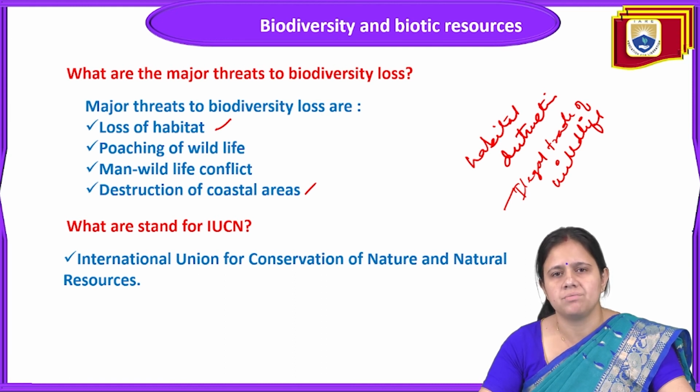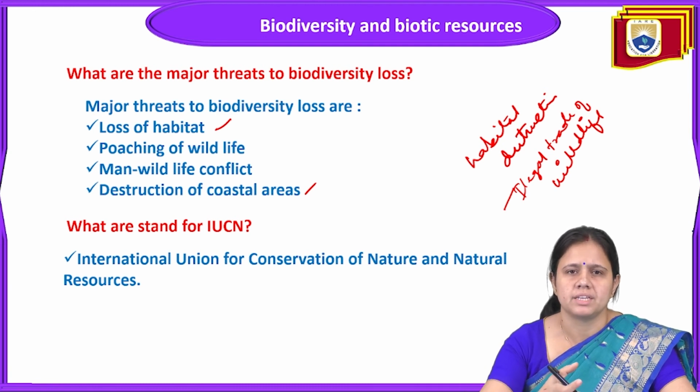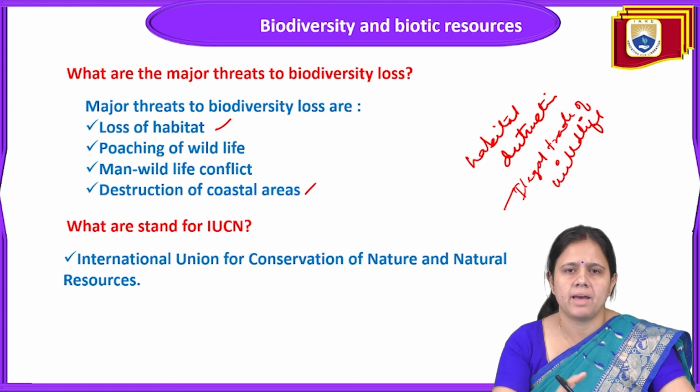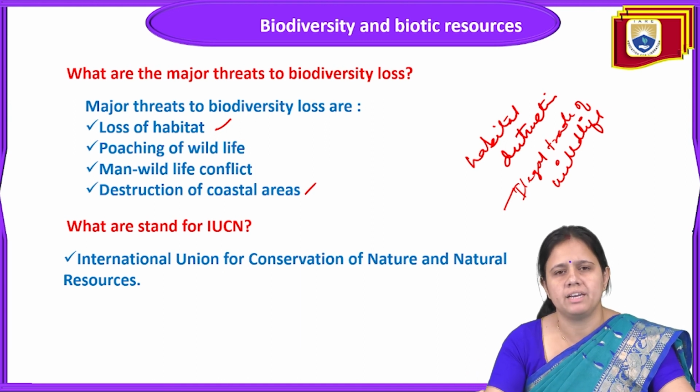Then there is conflict: human beings are expanding their houses up to the forest area. So if they disrupt the habitat of a tiger or any animal, that animal will enter the human area, and conflict will start between man and wildlife. Due to that conflict, sometimes man will kill the species, and that is a loss of a species.